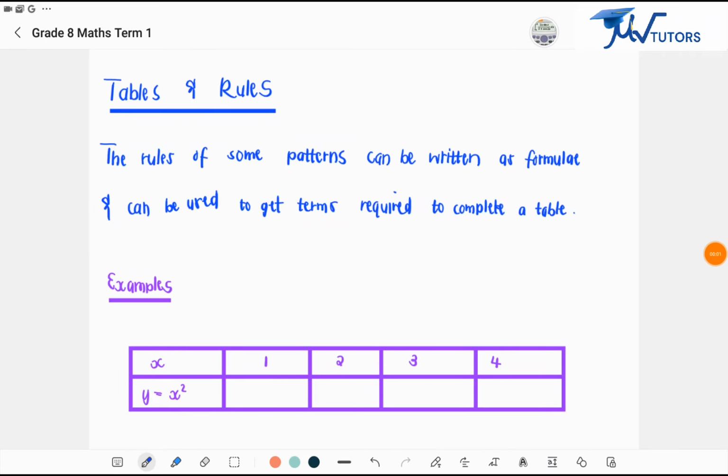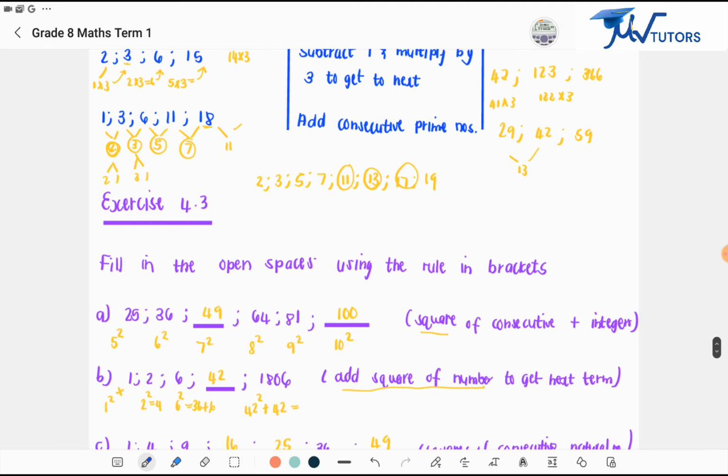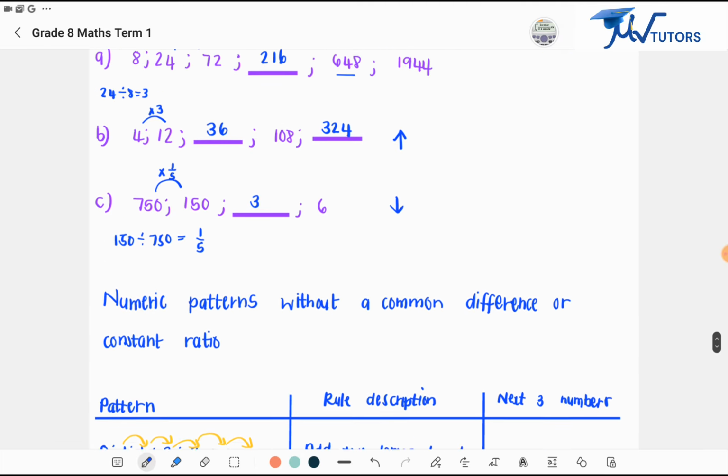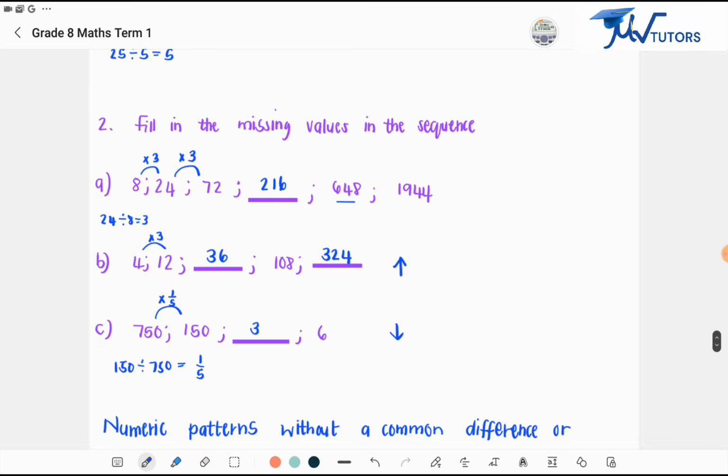Now the next section for number patterns is tables and rules. All right, so the rules of some patterns can be written as formulae and can be used to get terms required to complete a table. So here, when we have tables and rules, you see with previous patterns, let's say, for example, I'm looking at exercise 2A.